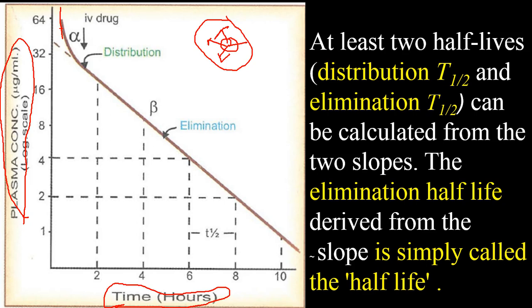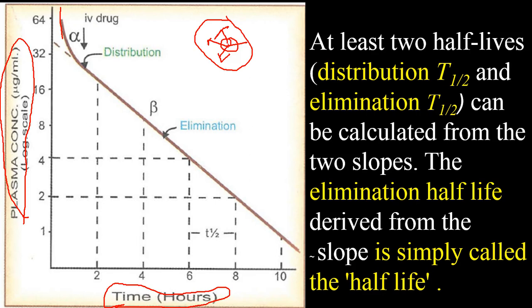It is the time taken for the concentration to become half, isn't it? So here also we can calculate the T half of distribution, which is quite small, I suppose, because the concentration is decreasing due to distribution very fast.